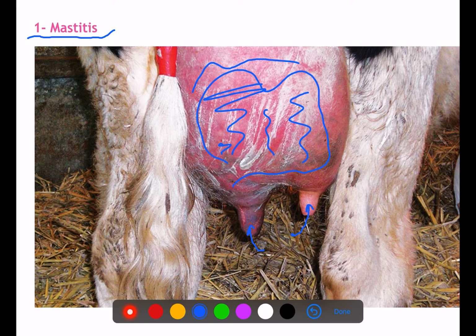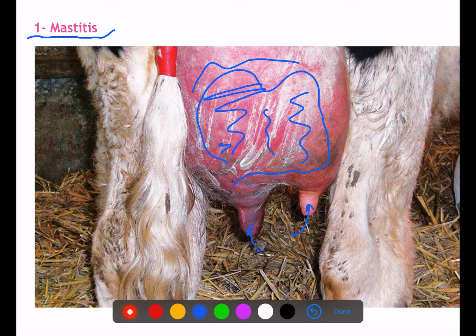The chronic and granulomatous inflammation usually occurs due to Streptococcus or Staphylococcus, and this type of infection is life-threatening and causes a big problem to the production of milk.